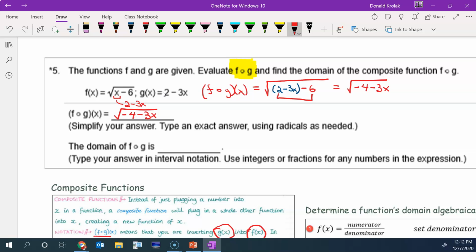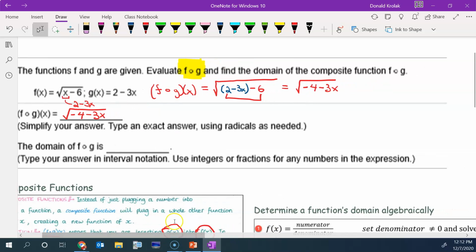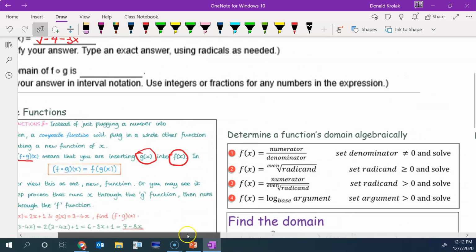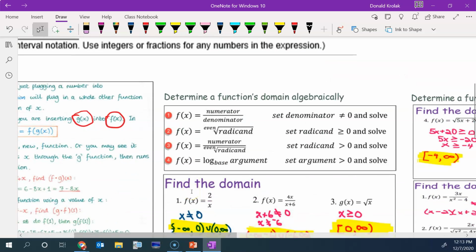All right, now to find the domain of that. On our domain, these are the only situations you've got to worry about. And in this example, you have a value under a square root. So this expression here has to be greater than or equal to 0.